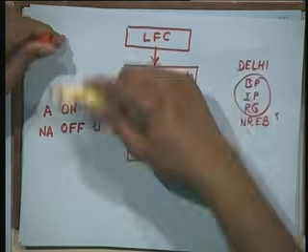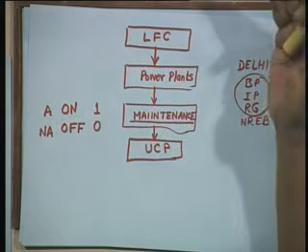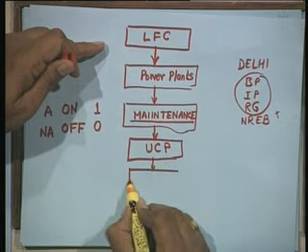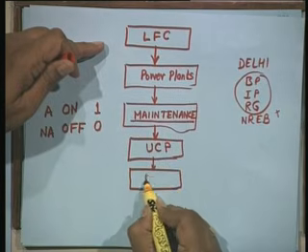Once you know the number of units which are available and which can be loaded, the next problem is how much each unit should be loaded. That is called the ED problem.